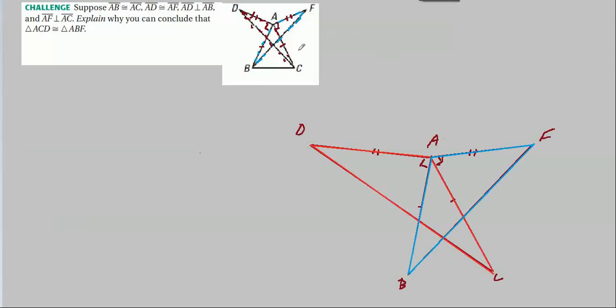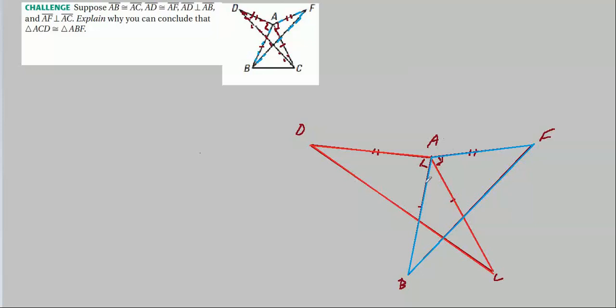I redrew what's going on up here, over here, and used two different colors for the triangles to make it more obvious. I don't know about you, but this looks pretty cluttered to me, and frankly, all this stuff is kind of confusing me. Not that that's all that difficult. We have AB and AC are congruent. That's these two.